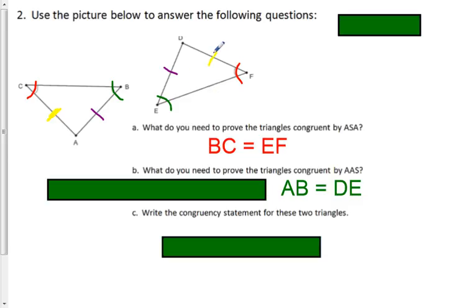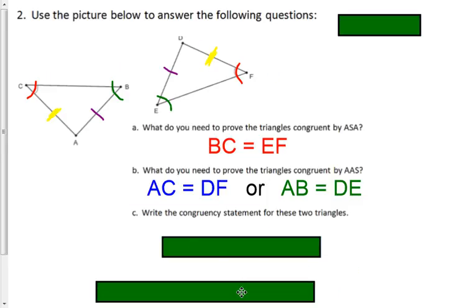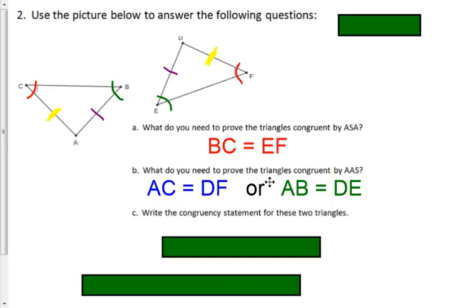So we'd have to know, again, the one across from the green angle in this case. So we'd have to see that AC equals DF. So two different things would let us prove it by AAS, if AC equals DF or if AB equals DE.